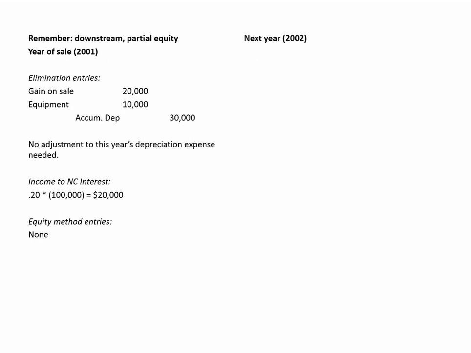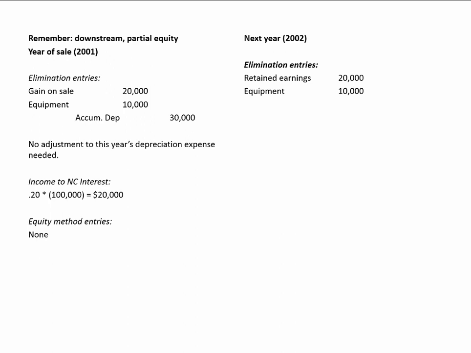For 2002, we'll go through the same drill. First, we carry forward the balances from the previous year. Again, we've got a $20,000 unrealized gain that's being carried forward. Since this is a downstream transaction, it doesn't affect the non-controlling shareholders. Since the parent is using the partial equity method, that unrealized gain being carried forward is treated as an adjustment to retained earnings.